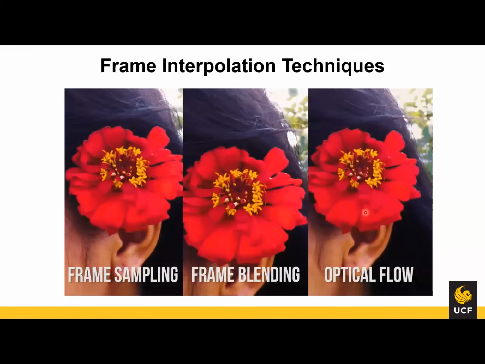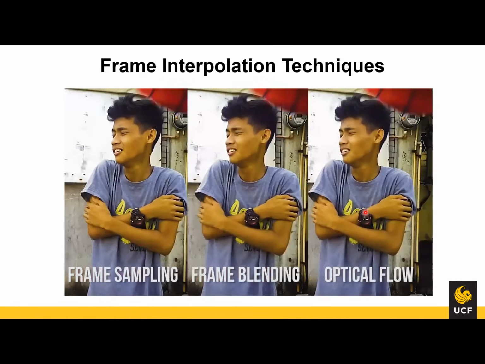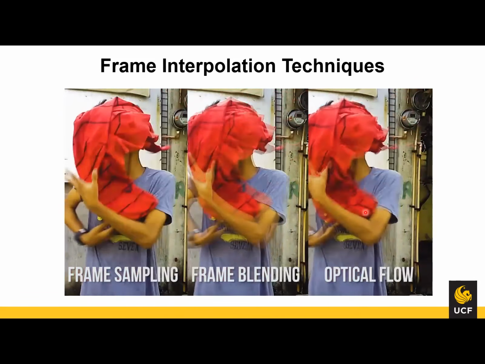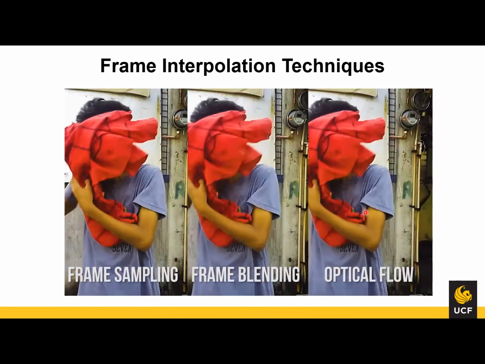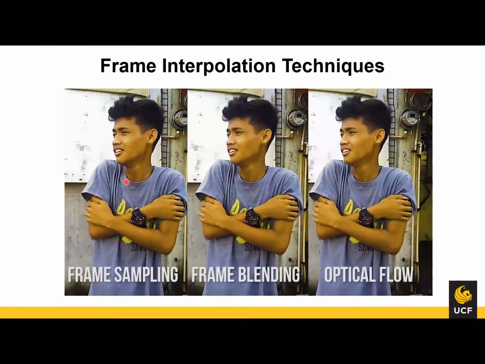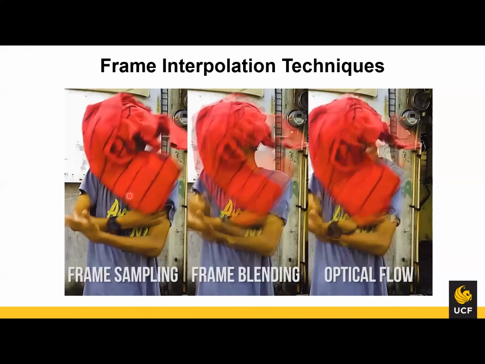Here is an example of the three common interpolation techniques. You have frame sampling, frame blending, and optical flow. Frame sampling literally just samples a frame and tries to generate based on the frame rate. So if you need 2 frames, it samples 2 frames.